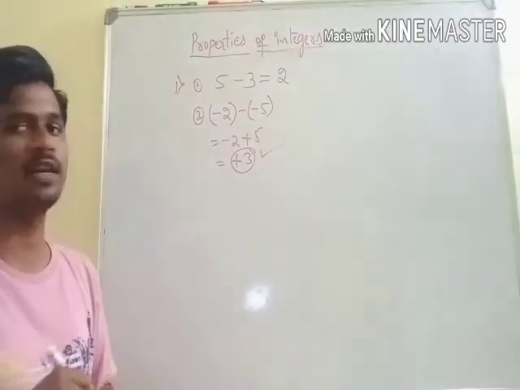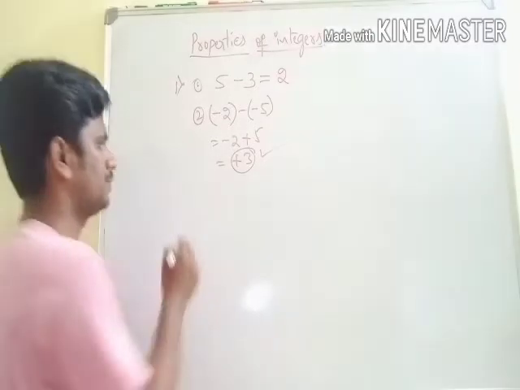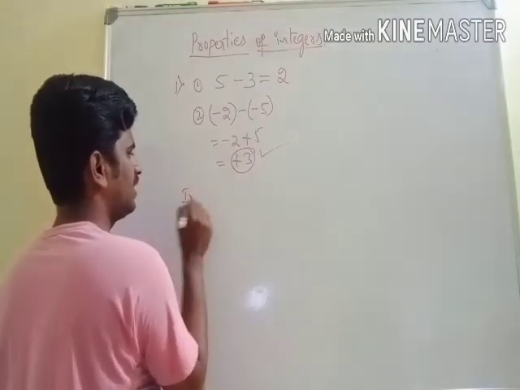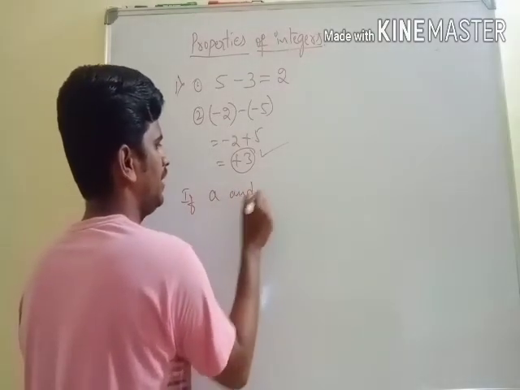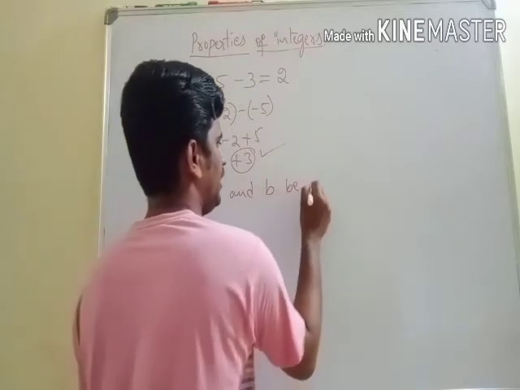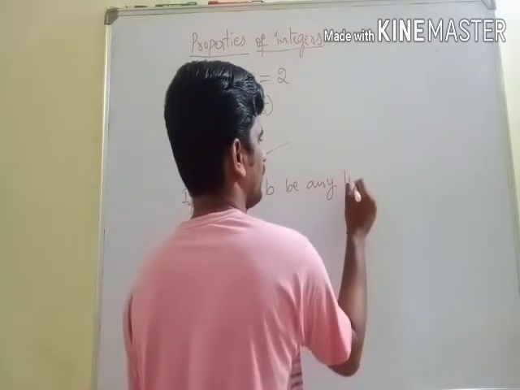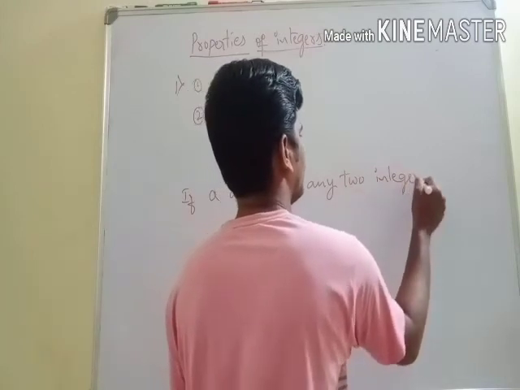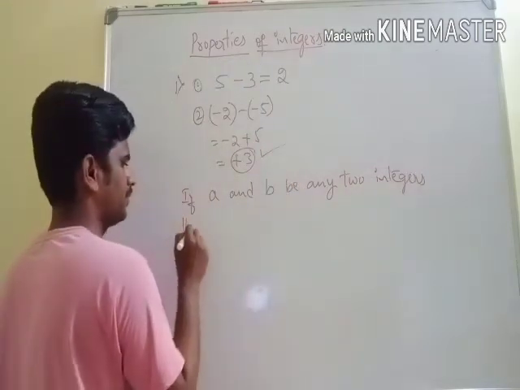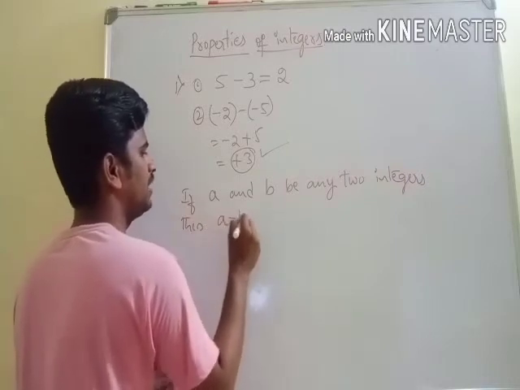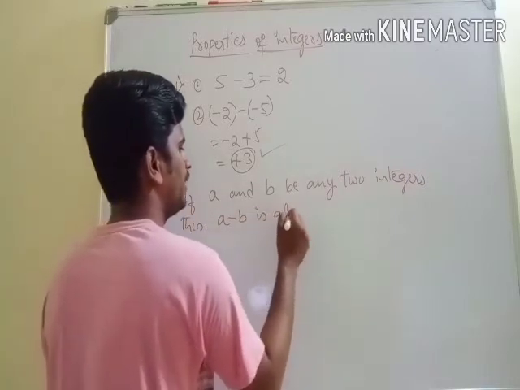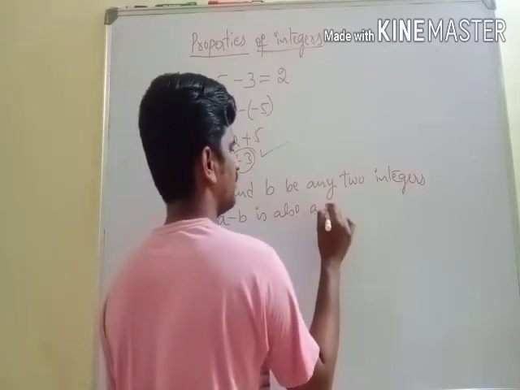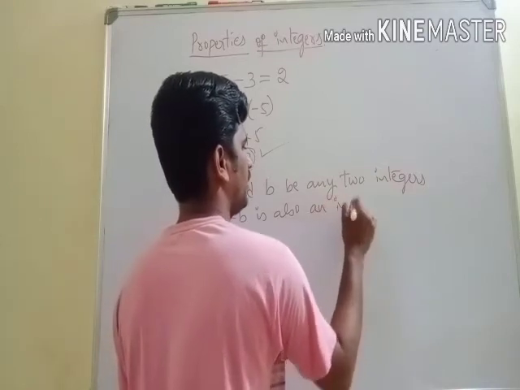So what can we conclude here? In general we can write, if a and b are any two integers, then a minus b is also an integer.